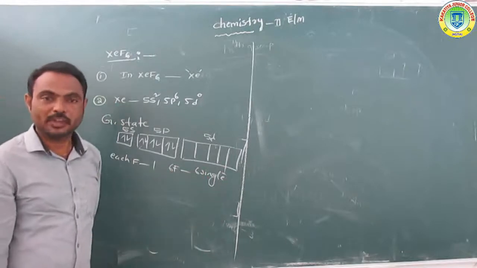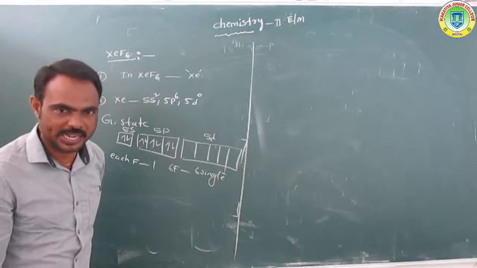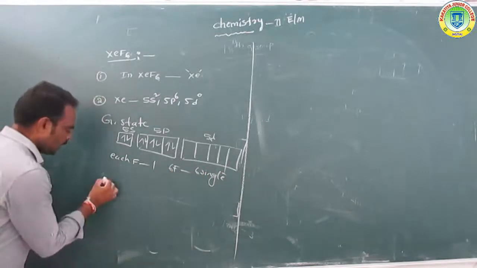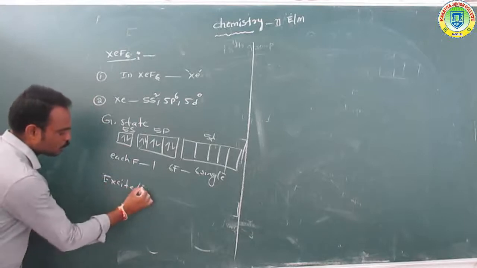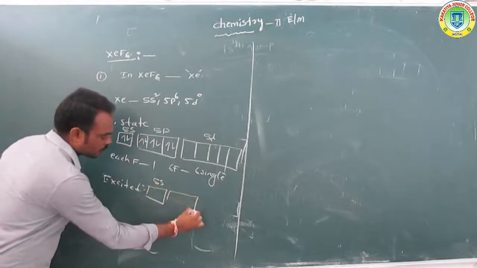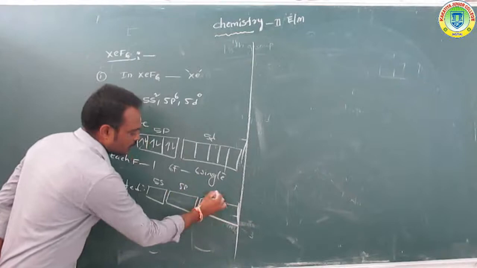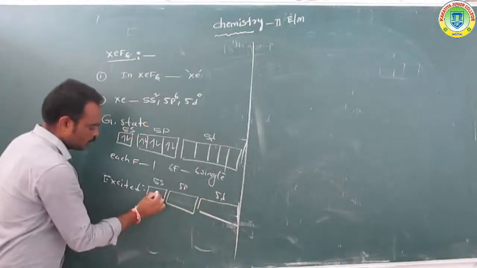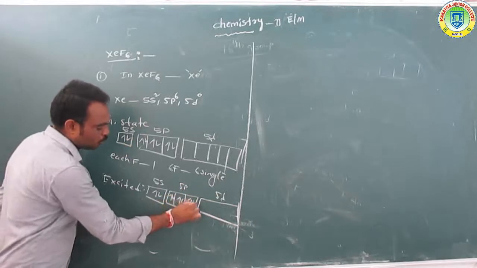We most require the excited state. In the excited state, suppose 5s orbital, 5p orbital, 5d orbital, 2 electrons, 2, 2, 2.